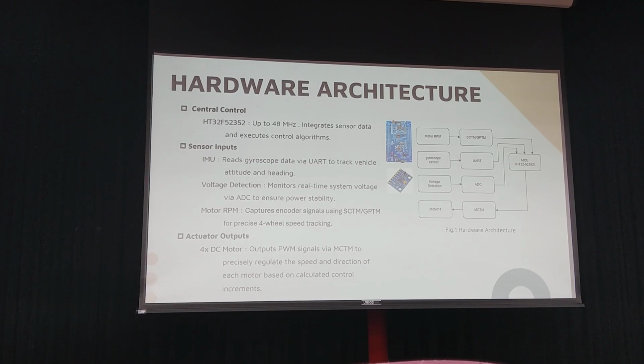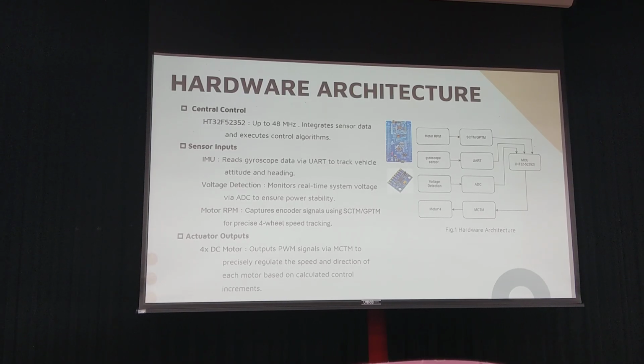Let's look at the architecture of our platform. Our system is divided into three main sections: central control, sensory inputs, and actuator outputs. For the central control, we utilize the HD32 microcontroller. It operates at up to 48 MHz, effectively integrating all sensor data and executing the control algorithm. For our sensor inputs, we rely on three main components.